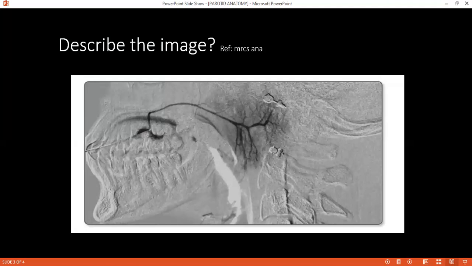Tell me about the superficial landmarks of the borders of the parotid gland. There are 4 basically, if you can tell me 3.